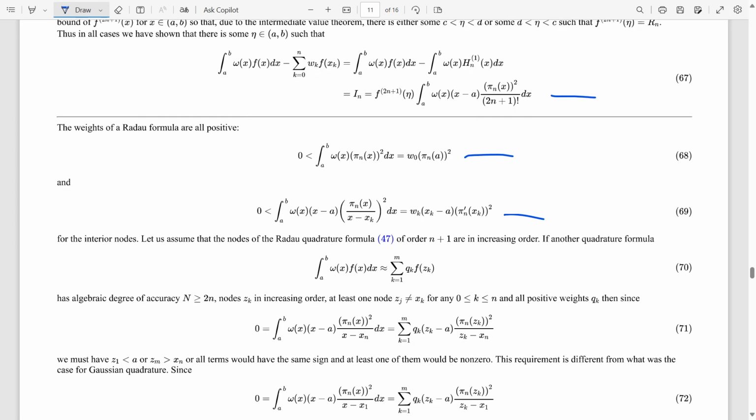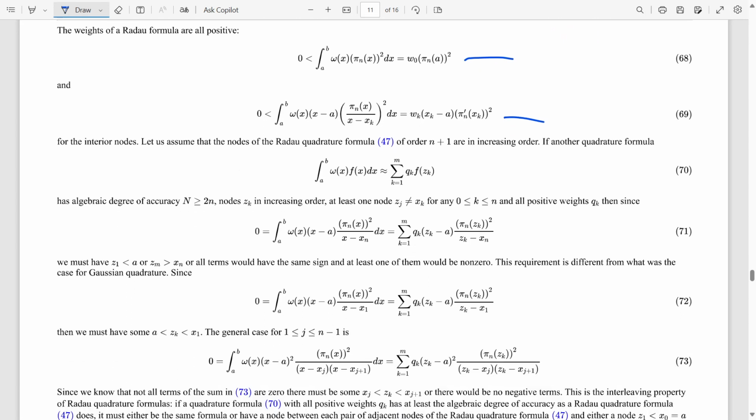If an alternative quadrature formula has degree at least as high as that of the Radau formula, and at least one node not equal to any of the Radau nodes, and all positive weights, so here's our alternative quadrature formula, we must have from here either Z1 is less than A or Zm is bigger than Xn, or there wouldn't be any positive terms.